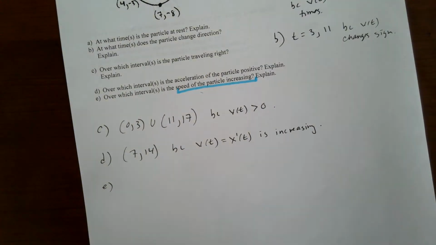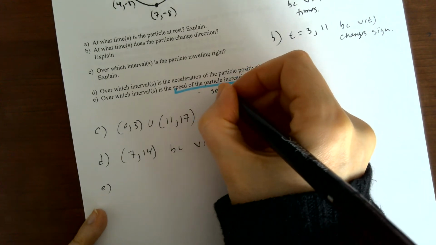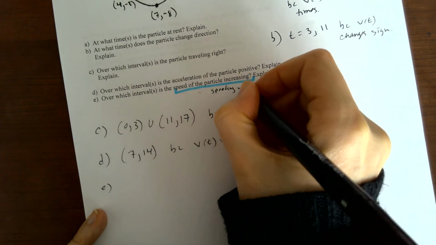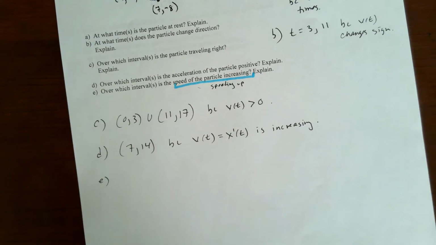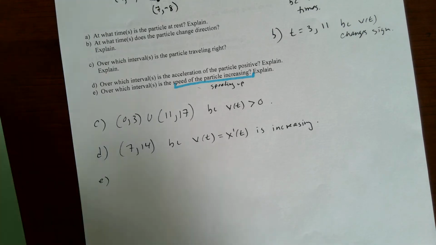Speed of a particle increasing is the same as speeding up. Speed of the particle decreasing would be slowing down. So over which intervals is the speed of the particle increasing? That would mean speeding up.